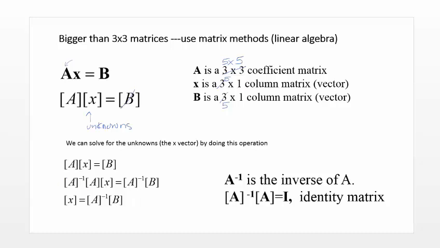So if you pre-multiply by the inverse of A on the left side, you have to pre-multiply by the inverse of A on the right side. And so when I do that, this and this, I won't say cancels out, but it creates what's called the identity matrix, which is like a 1, but it's a matrix that's 1. And you get the unknown vector, the x vector isolated, and you have an answer for that. X equals A inverse B.